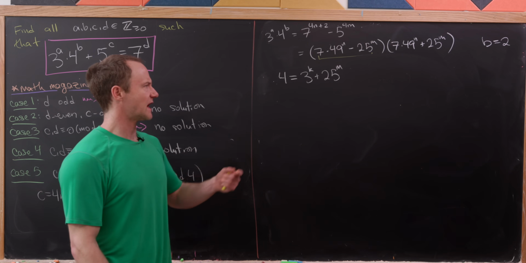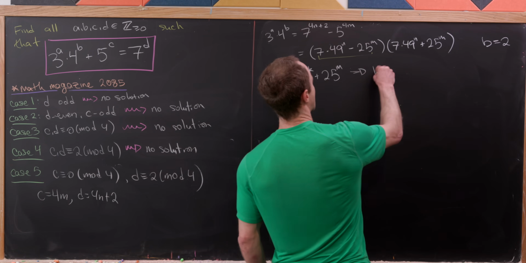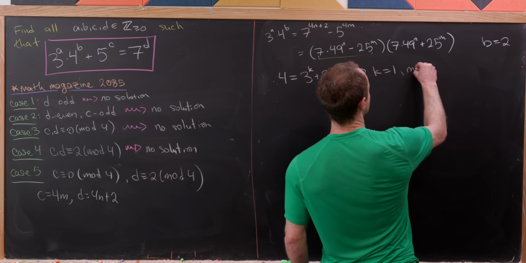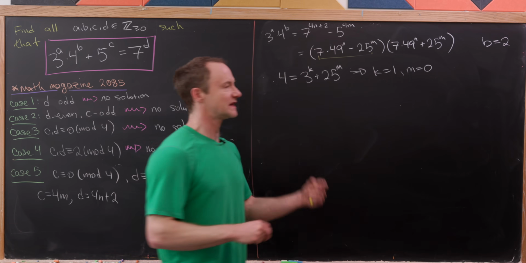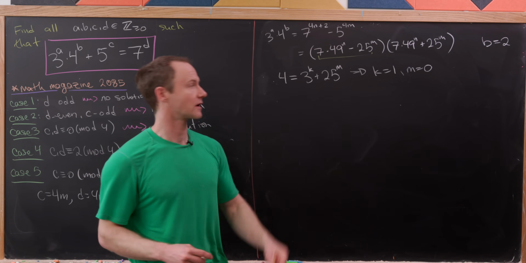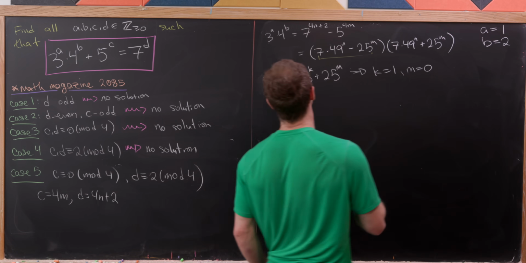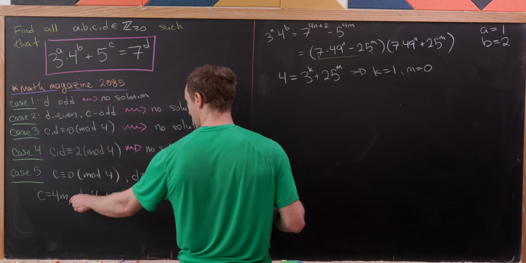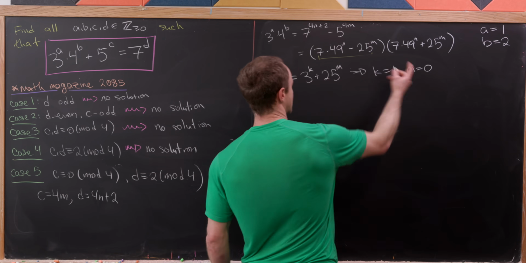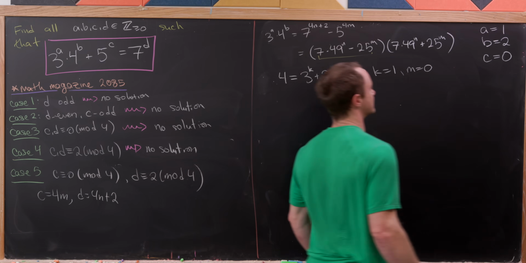But observe that the only way for 4 to be equal to something like that is for k to be equal to 1 and m to be equal to 0. But let's recall that k was the same thing as a. I could have just written an a here. So that means up here we have a equal to 1. And then let's observe over here that c is 4m. So 4 times 0 is 0. So that means we have c equal to 0.